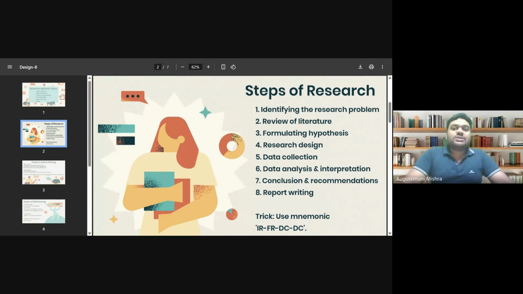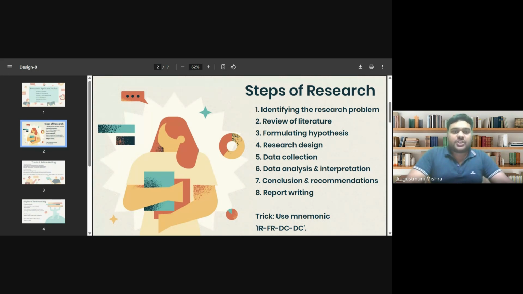So what is the procedure we have to discuss right now? The procedure of reviewing literature covers searching the existing literature, then reviewing it, and developing a conceptual framework.